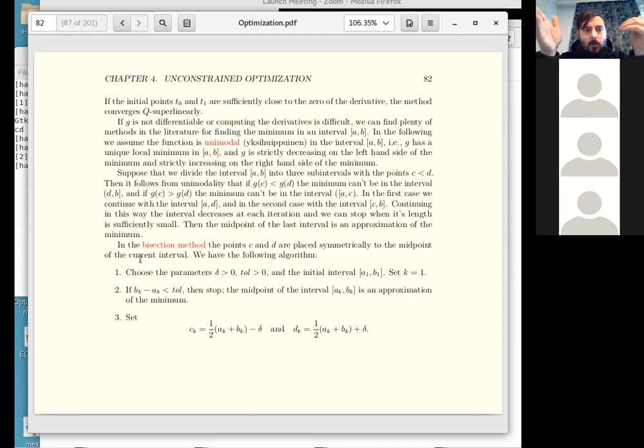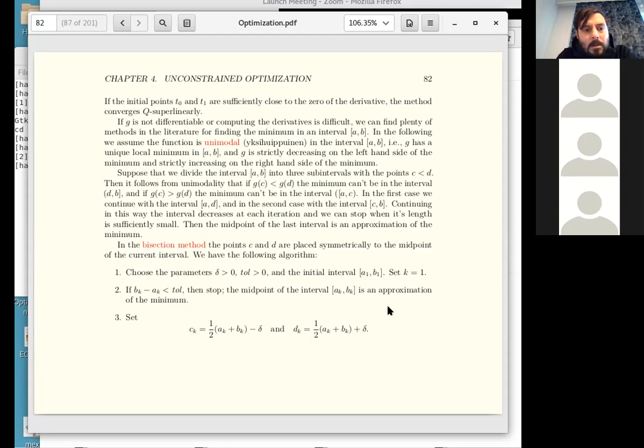The idea here is that you move the endpoints, either one endpoint or the other endpoint, so you're kind of forking it into the place where the minimum is. This is fairly simple. You basically have a parameter, which is the tolerance. This is how much error you tolerate.